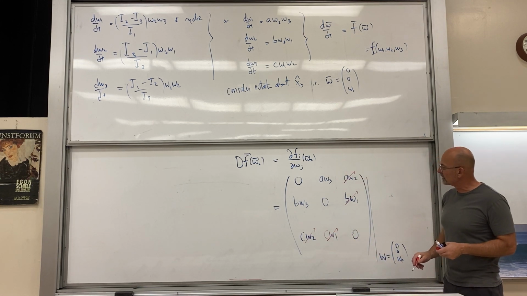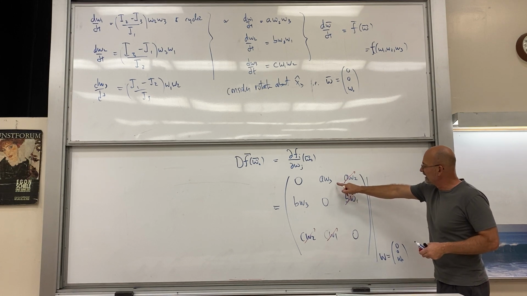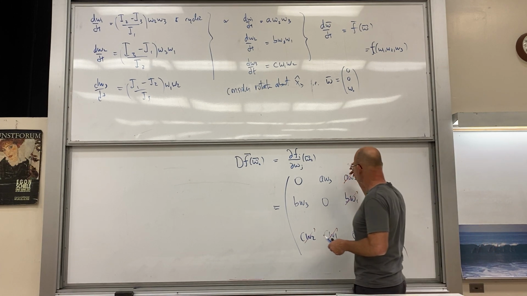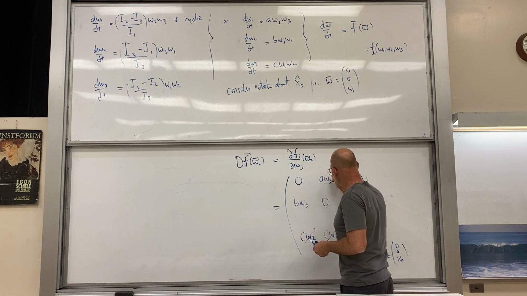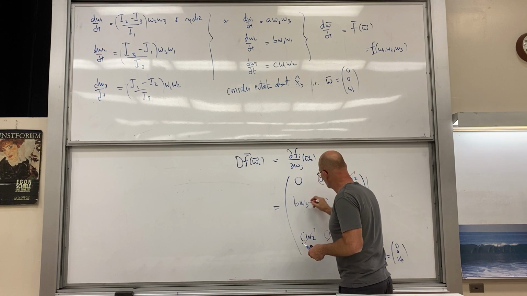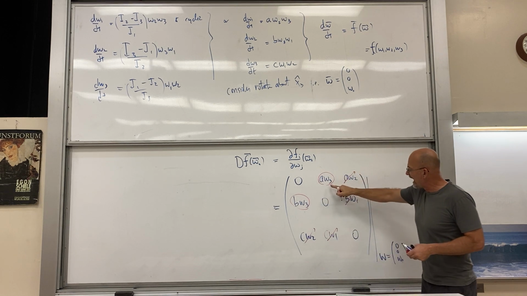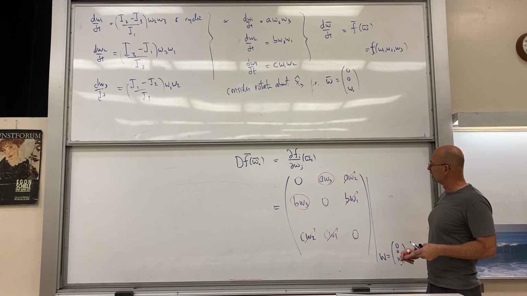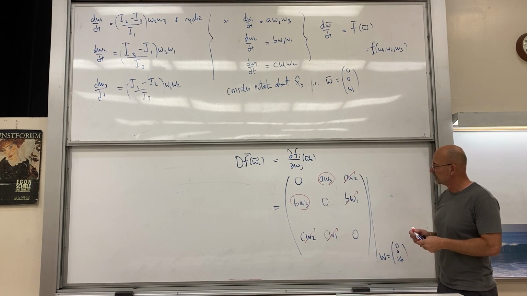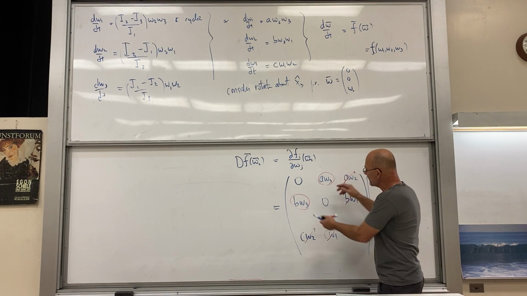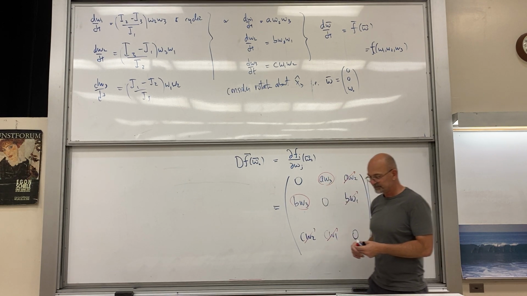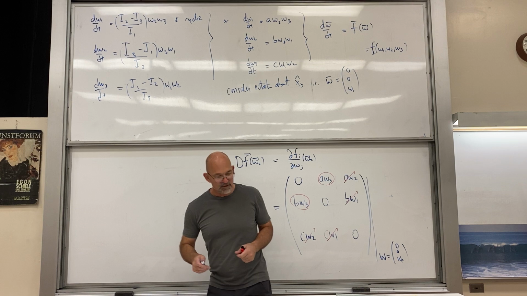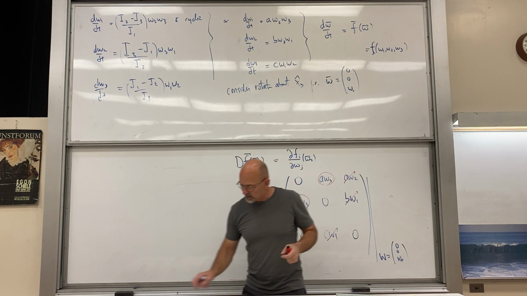Those are all going to be zeros, and these we retain. This will turn into A omega 0, this will turn into A omega 0, because that's what I called it. But you guys do that. So now you have this 3x3 matrix, but it's not that bad. So I think this is where I'll leave you guys in terms of the homework.